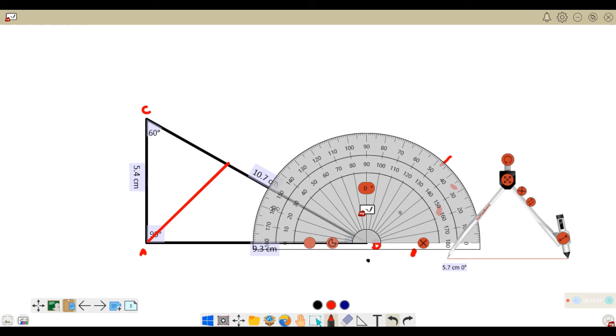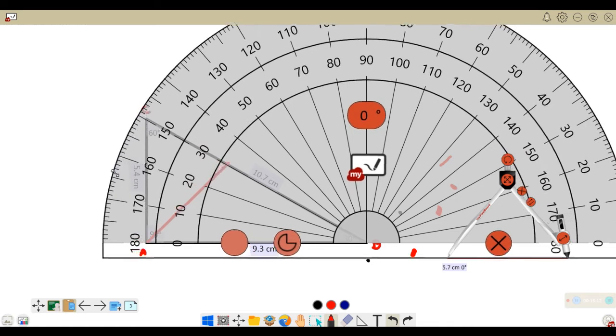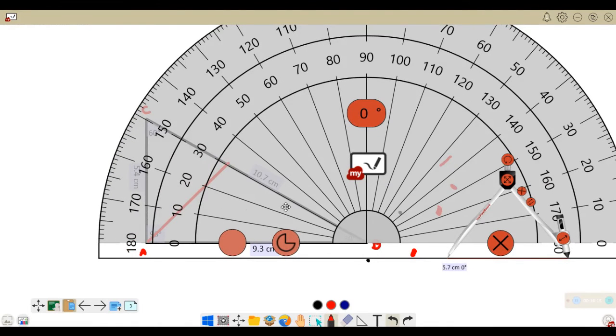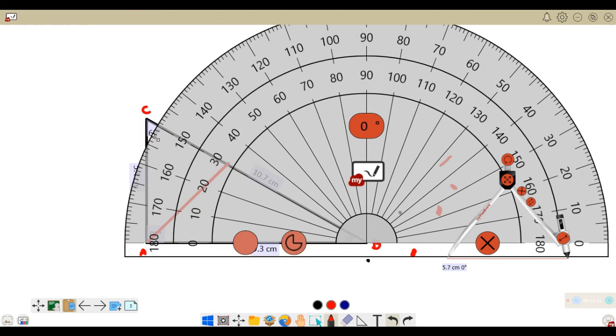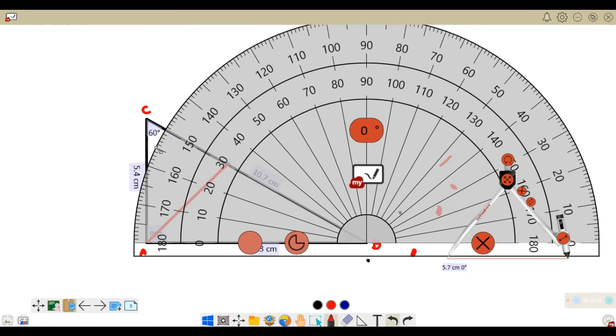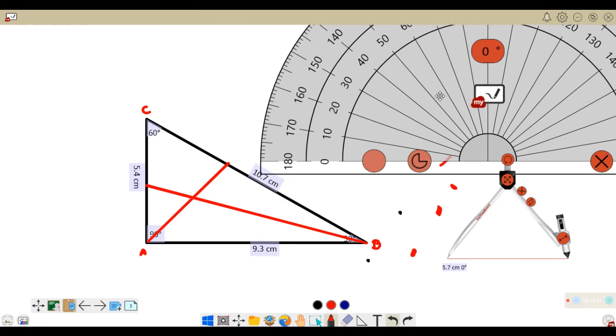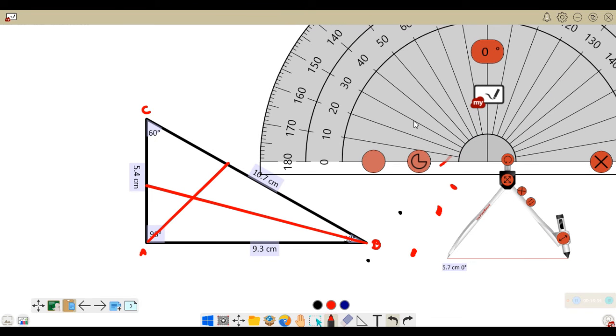So, half of 30, of course, is 15, right? Let's enlarge the protractor so it can accommodate 15. The 15 is around this portion. There, it is here. So, we draw the bisector of B. Here it is.